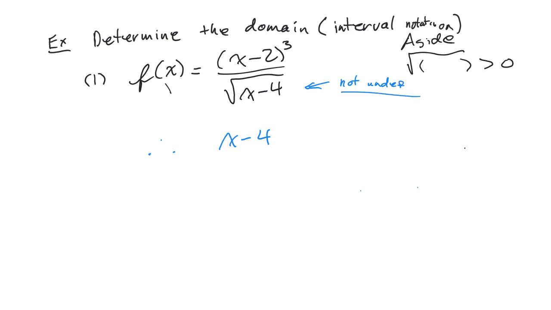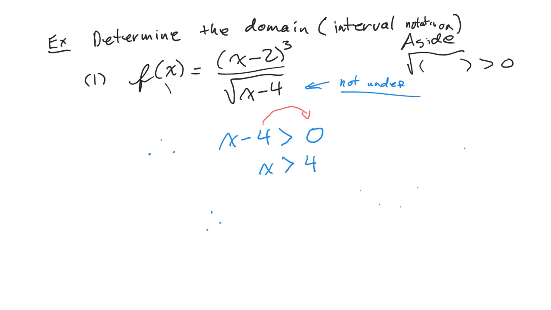So because we don't want it undefined, we have to say x minus 4 is greater than 0. Not greater than or equal to, but greater than 0. And so now we're going to take this -4 and move it over to this side. We don't have to do our chart calculations yet. So we end up with x being greater than 4.